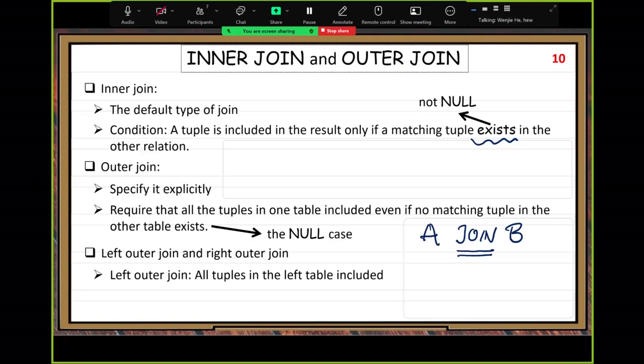That's the left outer join. Then right outer join, all tuples in the right table must be included, even those containing no matching value. That's the definition.